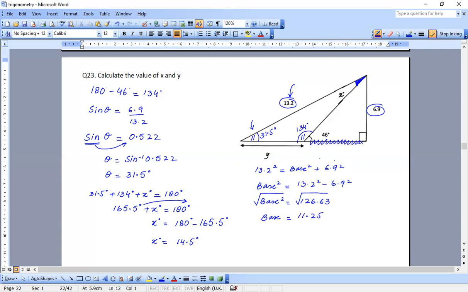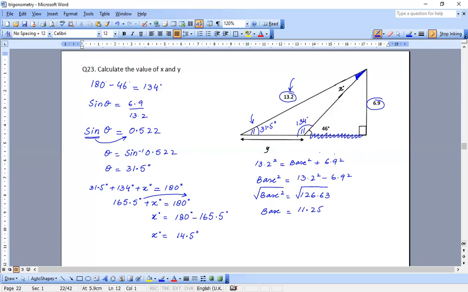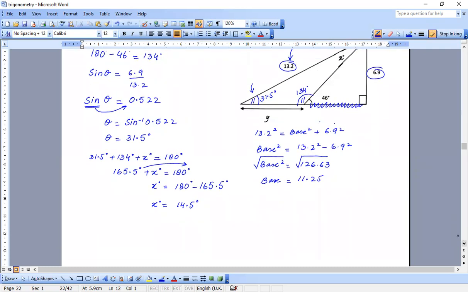Now I'll find out this length. In order to find out this length, I'll consider the smaller right angle triangle. In the smaller right angle triangle, I have an angle and I have the opposite. I am trying to find out the adjacent. So I'll use the trigonometric ratio tangent. I'll say tangent 46 is equal to opposite, which is 6.9, upon adjacent, which I'm trying to find out.